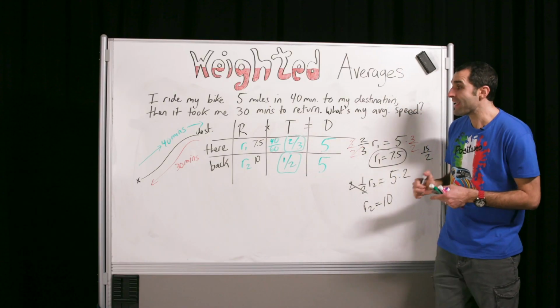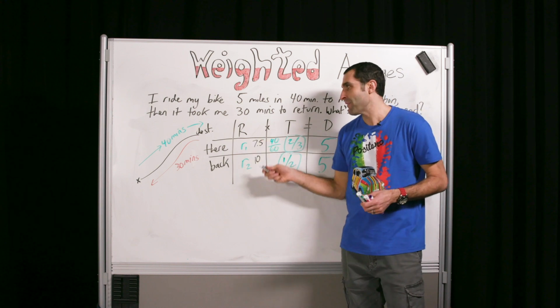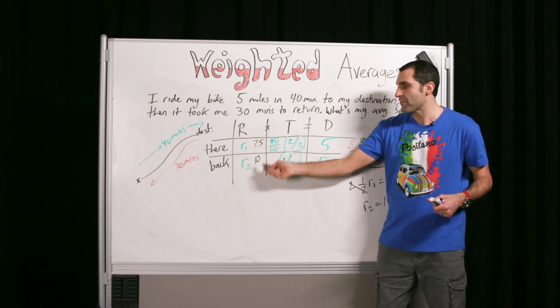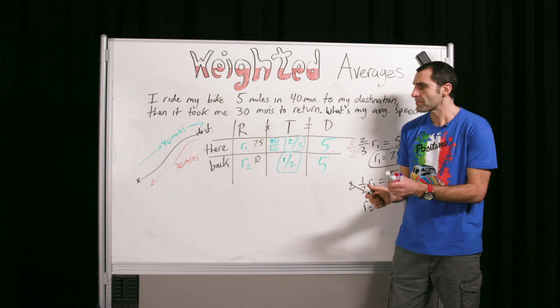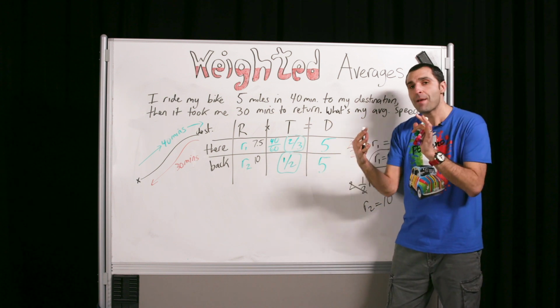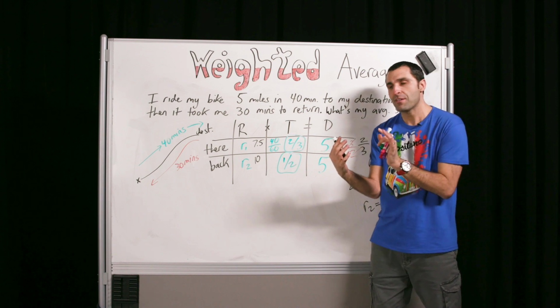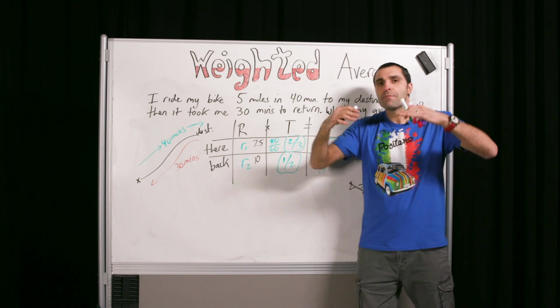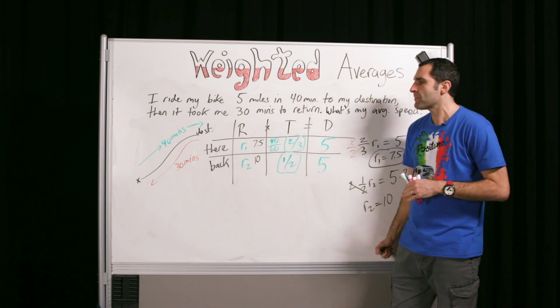Okay, so again, we can't just average these. If I want my average speed, I can't average them. This is what I need to do. If we need to weight them differently, they need to have different power. And if they're going to have different power in our equation, we have to add them up as they are. Here's what I mean.